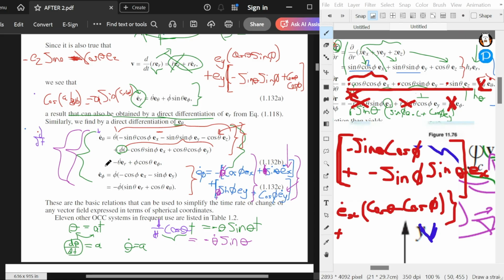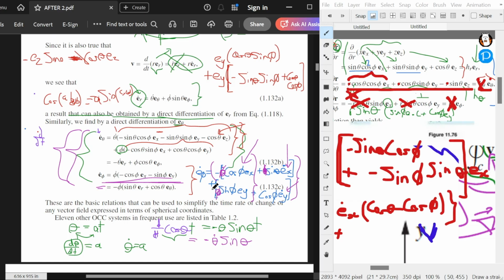Okay. Phi dot. Oh yeah, good. I was worried I saw four terms there, but no, it's just two equal signs over here. Phi dot minus cos phi EX. That's what I got here, yeah. Minus sign. Minus cos, yeah, I got the minus.